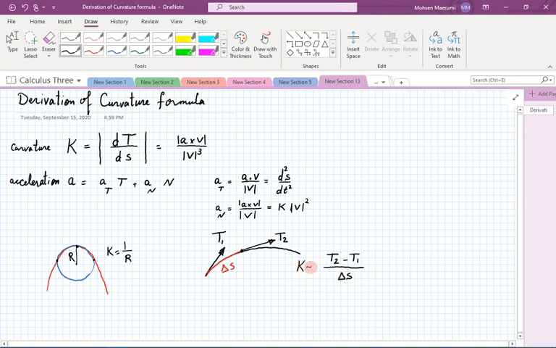That's how the curvature is defined. That's the idea of the curvature. What we have in mind is to show that this definition leads to this formula. This formula is somewhat easier to apply than that one, but when you look at them, they don't look anything like each other. If you want to explain how this leads to that, it's going to require a little bit of vector calculus. So whatever you learned about vectors in calculus 2 is going to be very handy here.